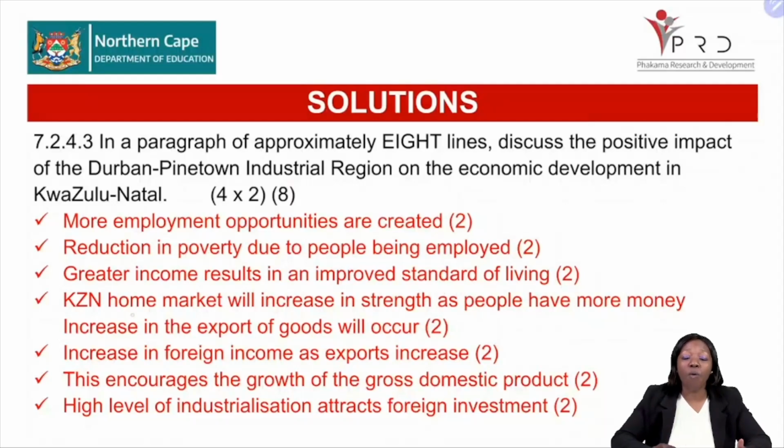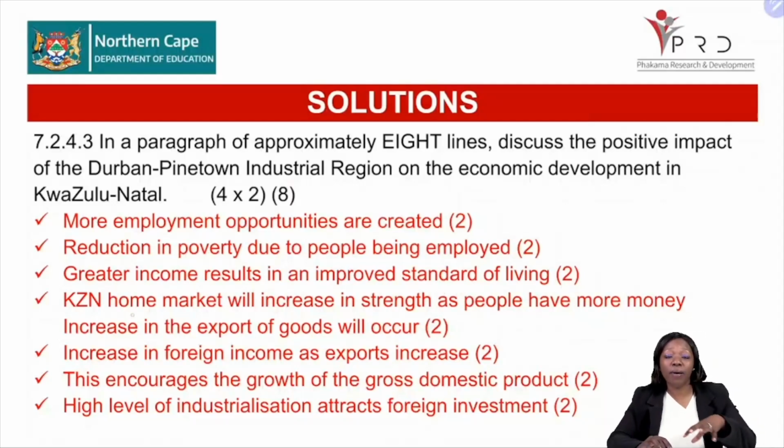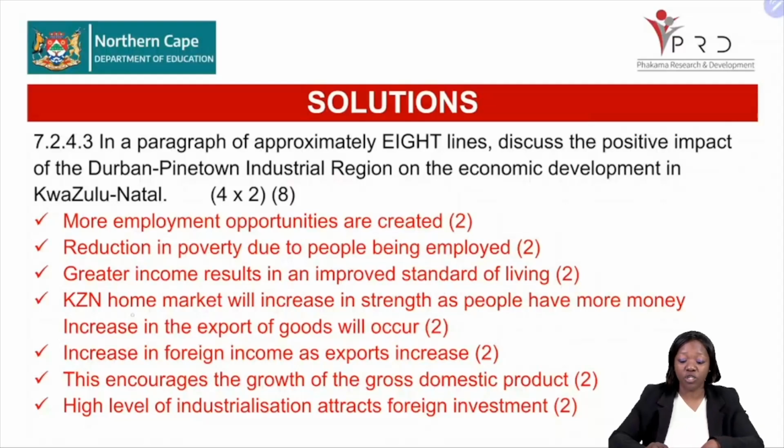The KZN home market will increase. Remember, we are looking at the local level. So it will increase in strength as people have more money, increasing the export as well as the goods. Then there is also an increase in the foreign income as the exports also increase. This encourages the growth of the GDP in KwaZulu-Natal, and then the high level of industrialization attracts foreign investment.